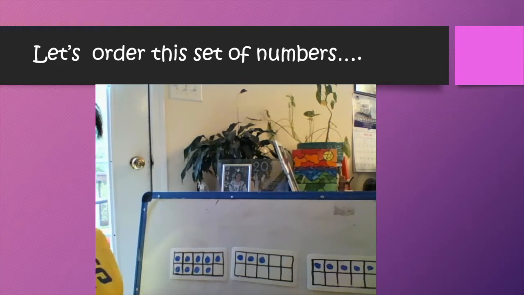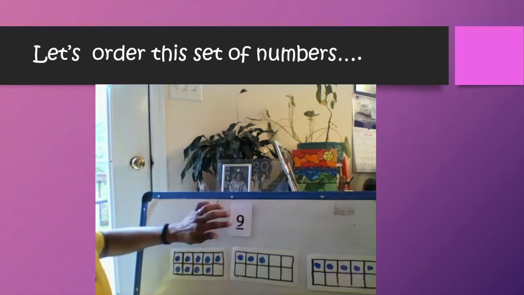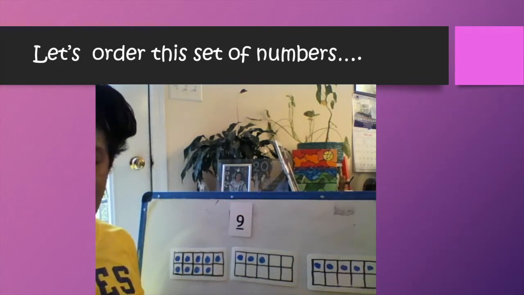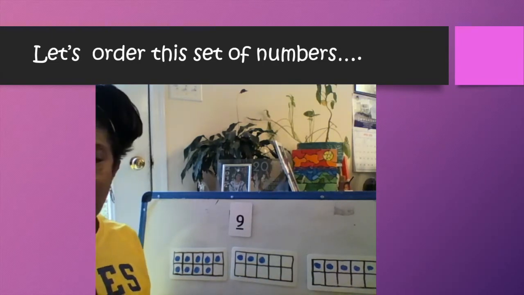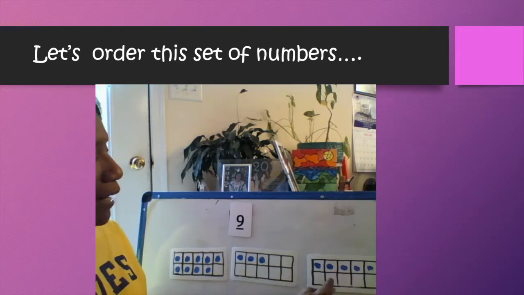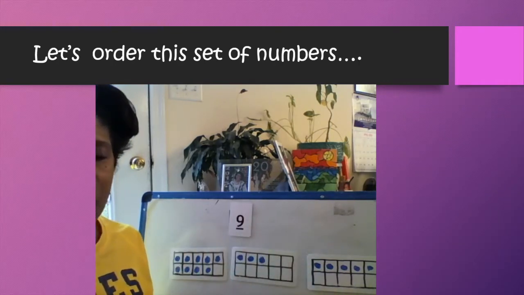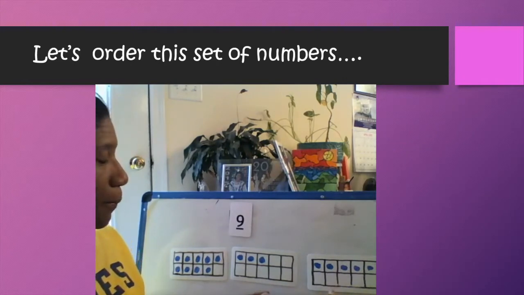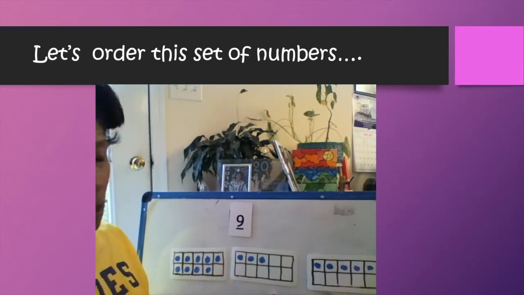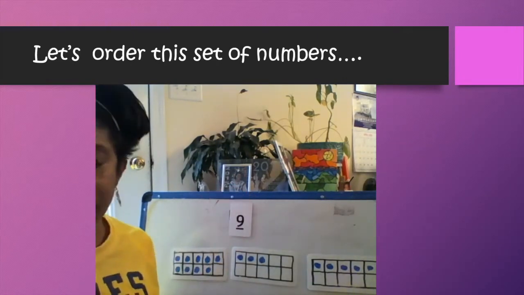So we're going to put our 9 back up here because 9 is going to be our greatest number so far. So then we have to compare 3 and 5. So we're looking at the 10 frame for 3 and 5. How can we tell which one is the greatest between 3 and 5? Because now we're just going to compare these two because we've already put the 9 up here.